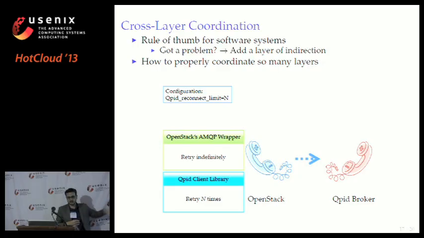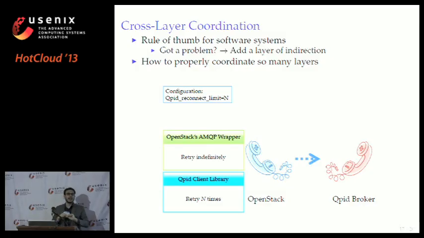So we had two pieces of software in OpenStack doing communication. One is an OpenStack specific wrapper, and the other is the QPID client library, which is used to do the RPC calls. The QPID client library, which is underneath, will try a call some number of times if it can't talk to the broker.